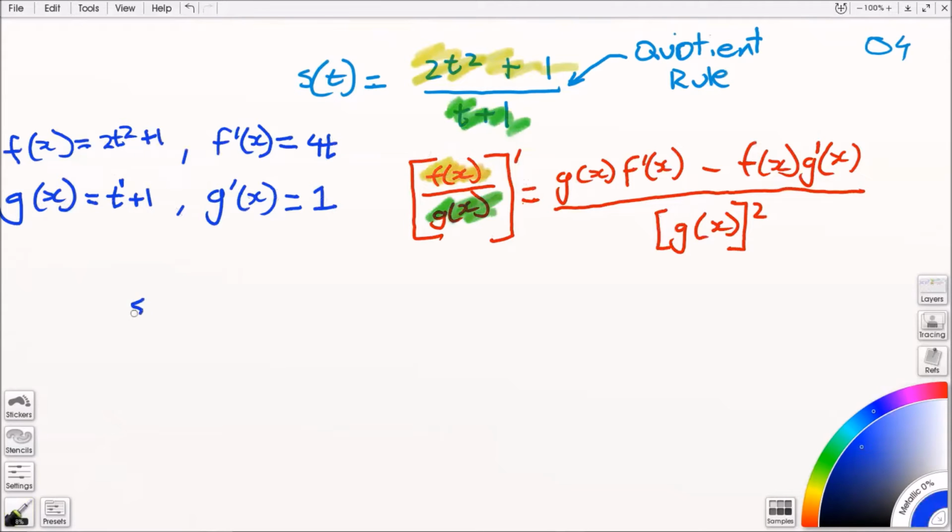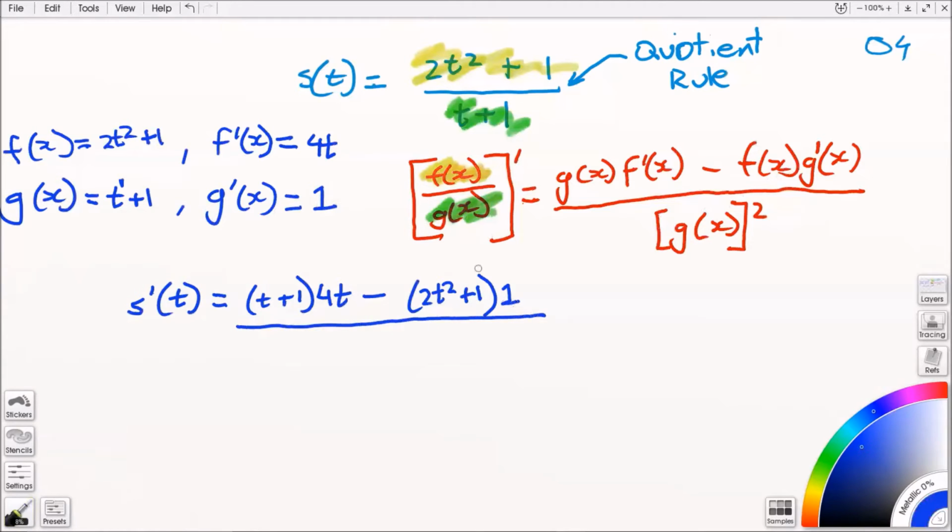Now we can say the derivative of the function s with respect to t is g of x, so t plus 1, in brackets, times the derivative of f of x, so f dash x, times them together, minus f of x, 2t squared plus 1, times g dash x, 1, and then all this is over g of x, t plus 1, squared.